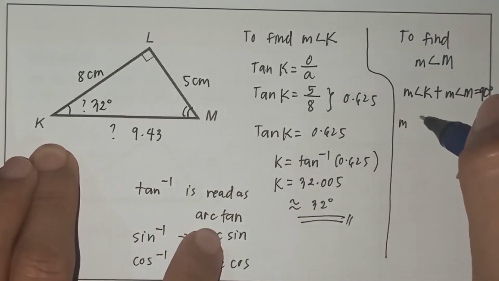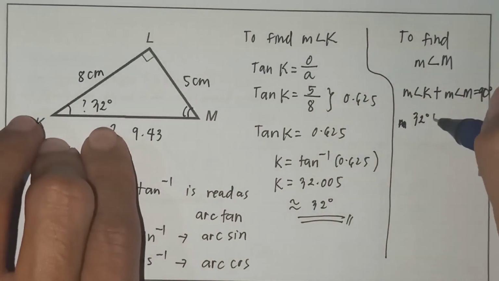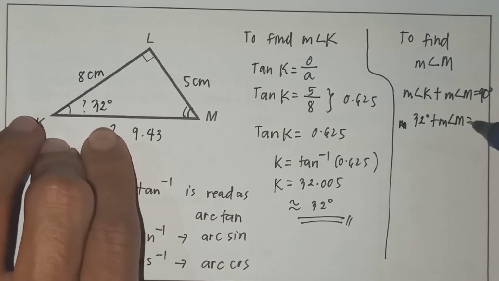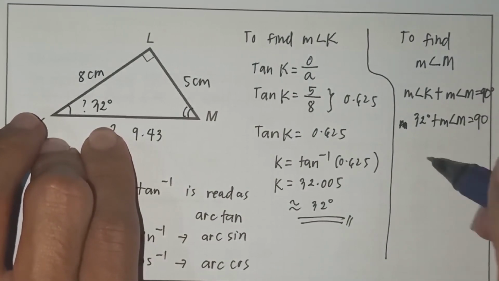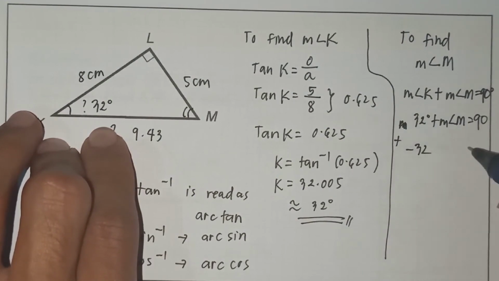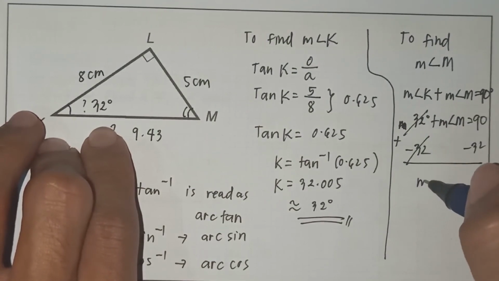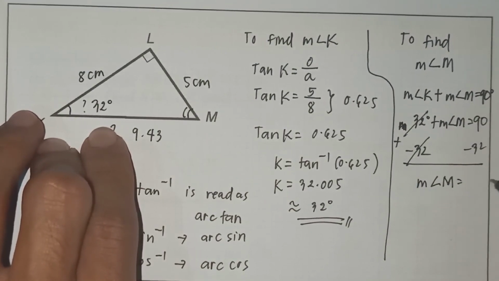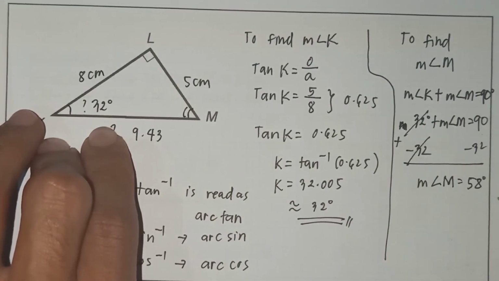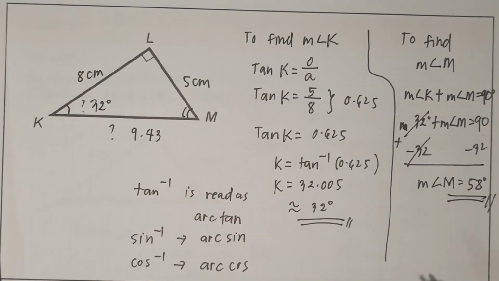The measure of angle K here is 32 degrees plus the measure of angle M is equal to 90. Add both sides by negative 32, and the result is 32 plus negative 32 is 0. So the measure of angle M now is 58 degrees. That's it.